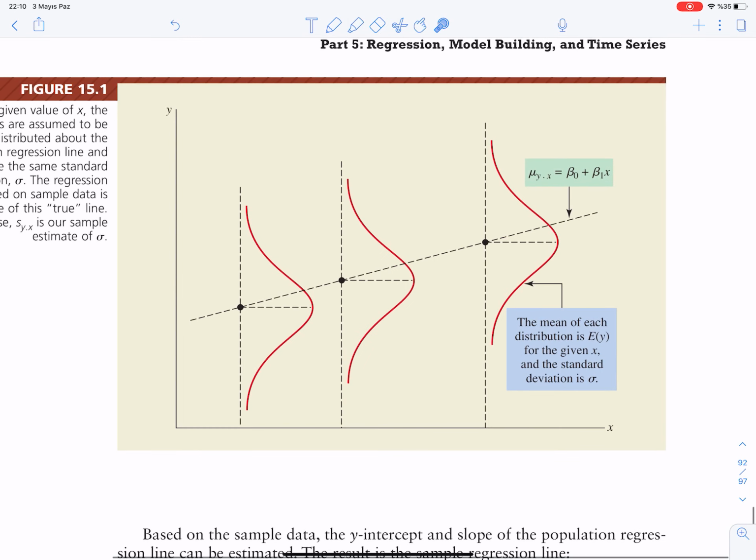This is a good figure. The horizontal line x represents the independent, the explanatory variable or the regressor, and y is the dependent or response variable in the simple linear regression model. For a given x, this first value of x is fixed, you don't change it.